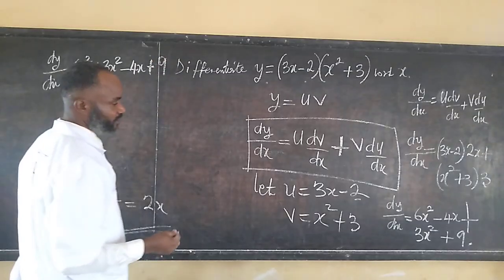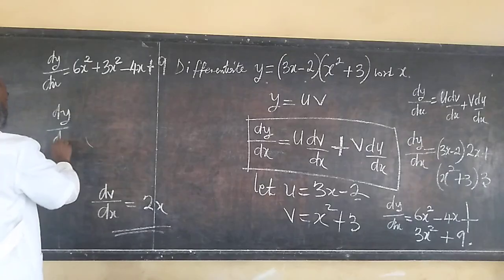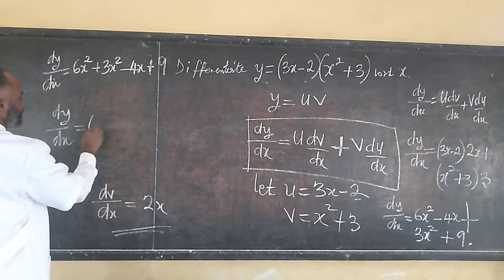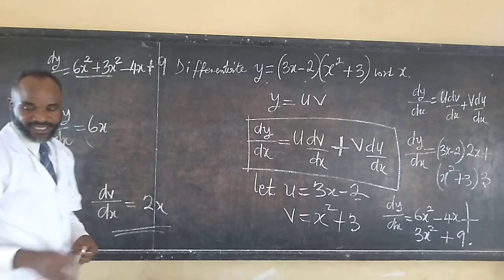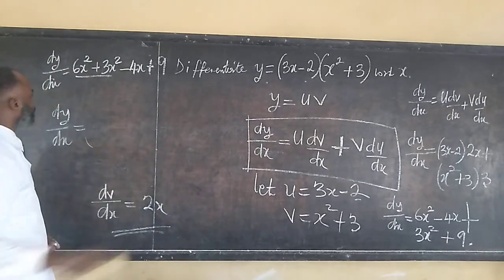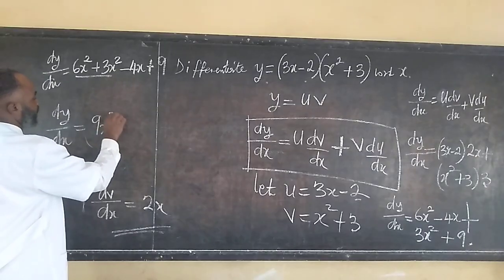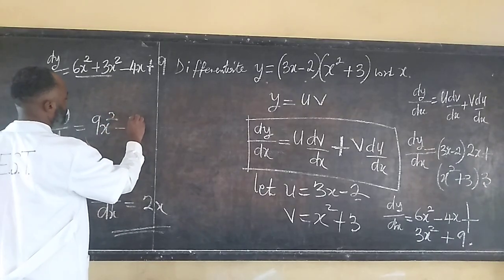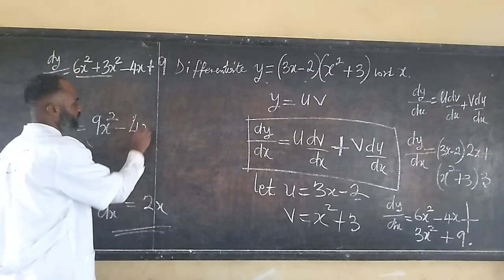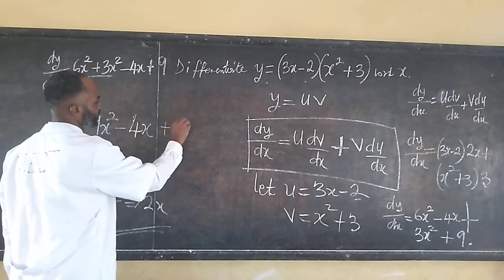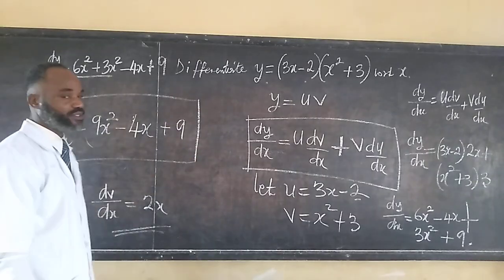So finally, our final result is dy/dx is equal to, we sum this and it becomes 9x squared minus 4x plus 9. Good, so that becomes our final result.